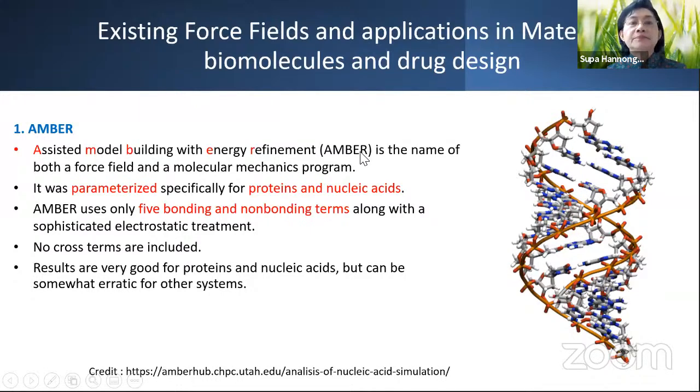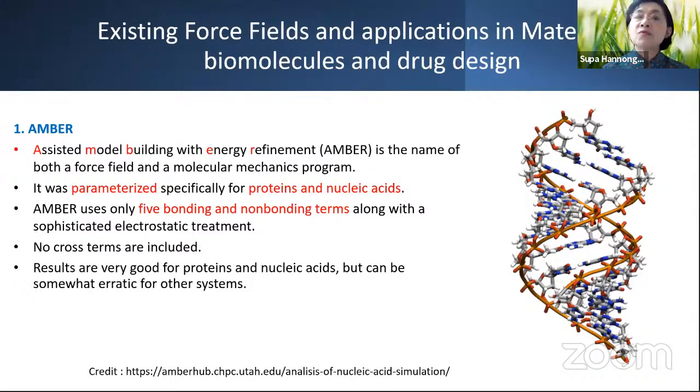It names both a force field type and a molecular mechanics program. It is commercial. If you would like to use Amber, we have to pay and buy the license.